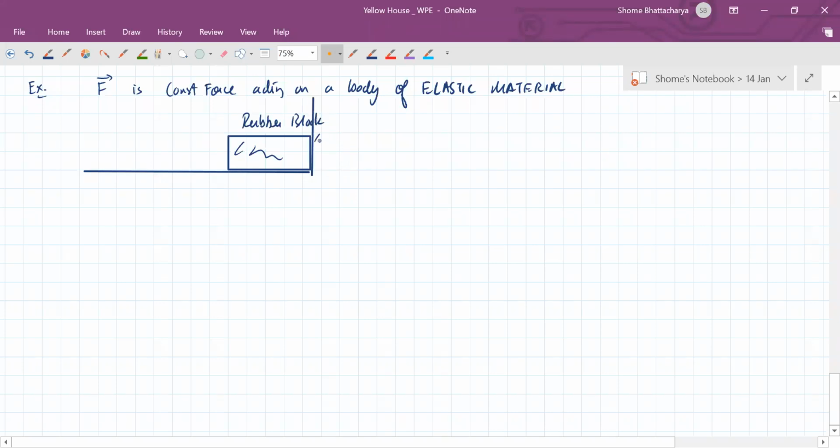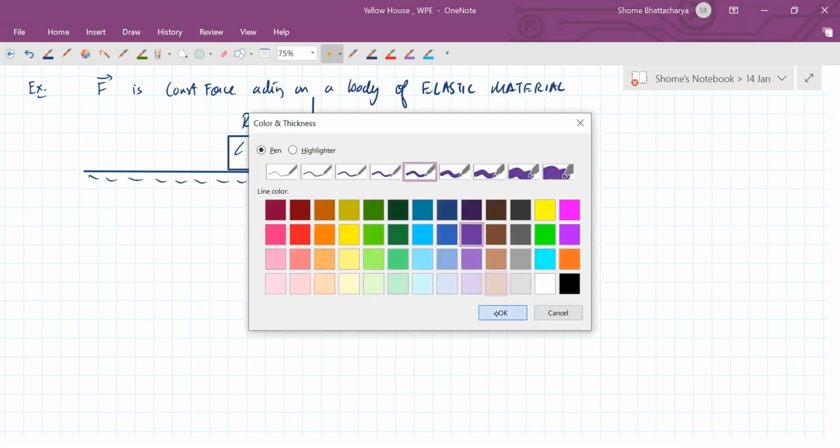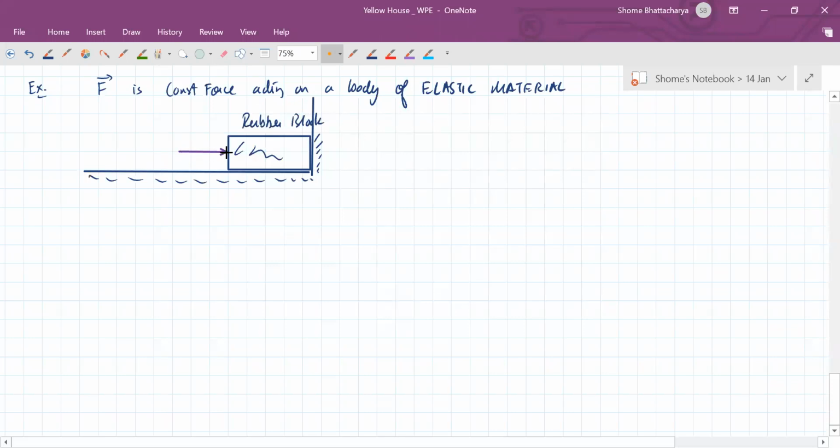So I placed it like this. Now I start applying a constant force at this point over here. And as a result of the application of the force at the point P, the block now gets compressed after a while.